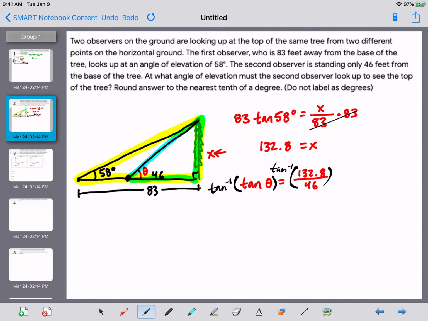At this time, you can grab your calculator, go ahead and plug in tangent inverse of 132.8 divided by 46, and you get about 70.9 degrees. So theta is 70.9 degrees. So that's how far up that second observer would have to look to see the top of the tree.